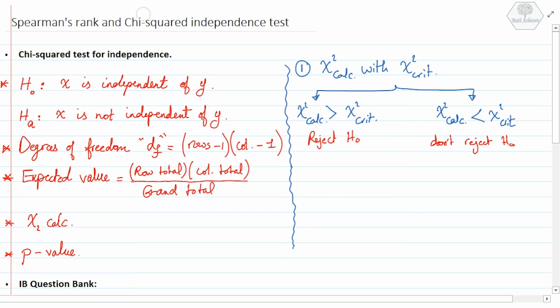For the p-value, we have to compare the p-value found with the significance level.